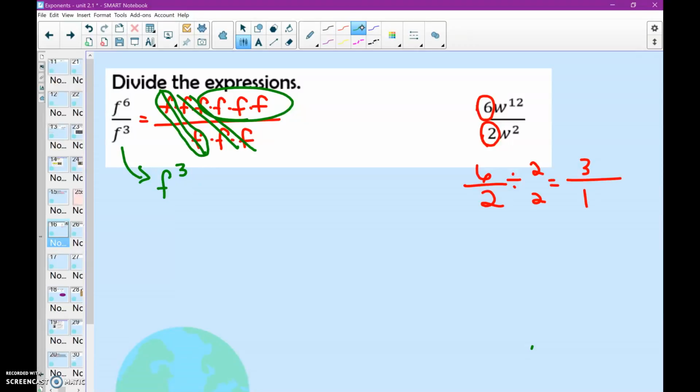Now you do have to be careful because we've got a fraction now. It's still 12 minus 2 because they are the same base, W and W. However, because there's more in the top, that's where the answer has to go. So I'm going to say that again. There's more W's in the top, so that's why your W to the 10th power has to end up going there.